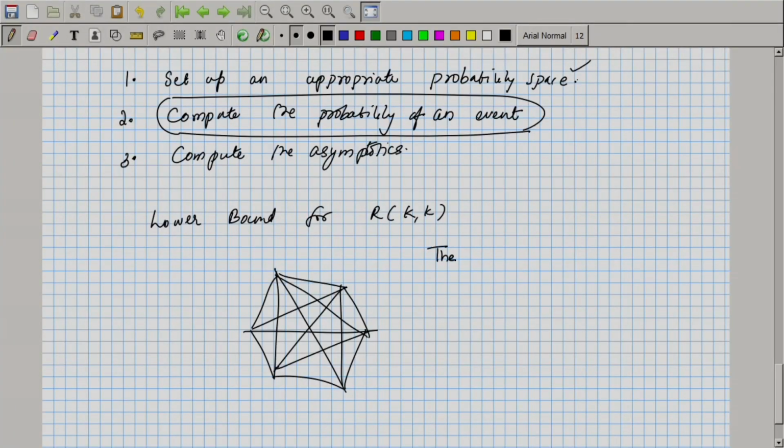Let me describe a certain event. So 1, 2, 3, 4, 5, 6, these are the vertices. Let me look at some k of these vertices.